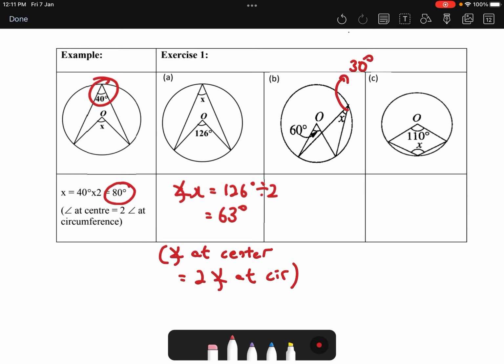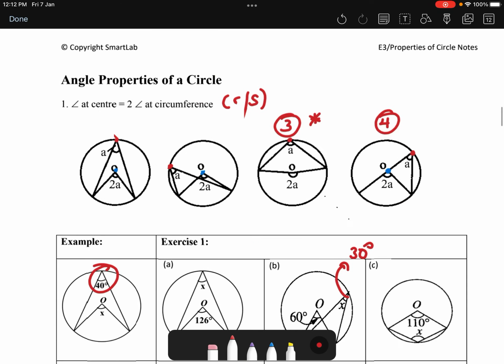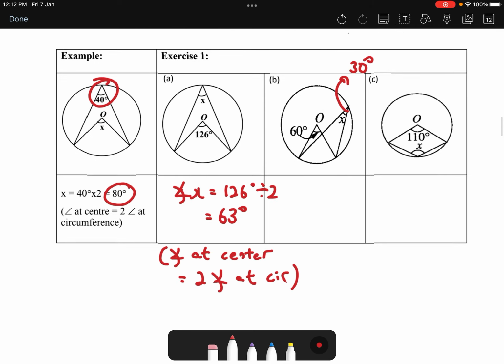Then for 1C, it is a bit tricky. Remember, 1C looks like the third diagram right here. So you need to determine what exactly the angle at the center is. The angle at the center is not 110. It's actually this angle right here, the red angle.